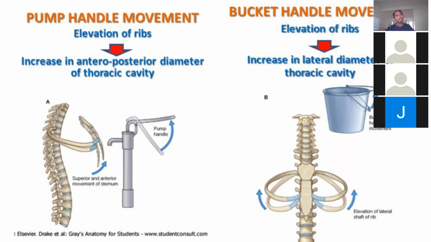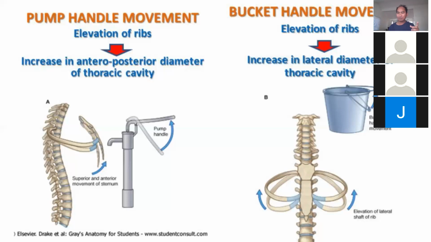This pump handle movement and bucket handle movement will increase the anterior and posterior diameter, and the lateral diameter. At the same time, with inspiration, our dome-shaped diaphragm on the right will flatten, and our dome-shaped diaphragm on the left will flatten. That increases the vertical diameter of the thoracic cage.